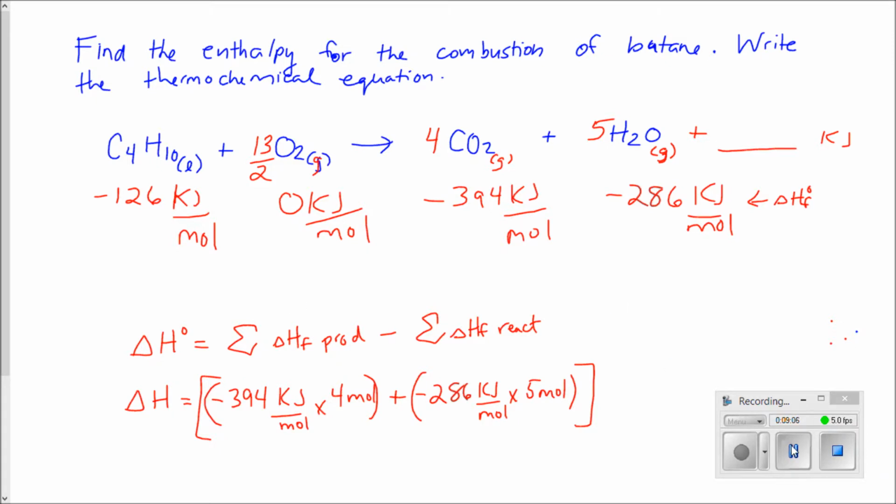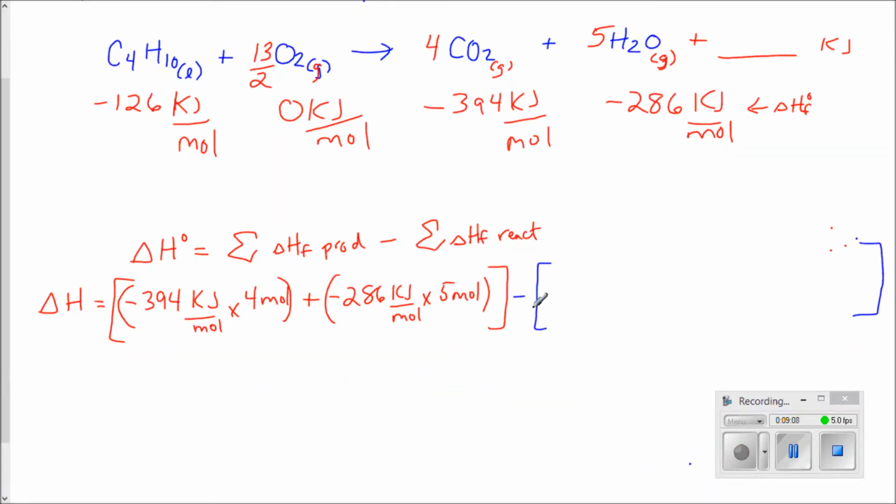So then I'm going to subtract that for all my reactants. So the first bracket there was the heats of formation for my products. Now I do my reactants. So if we look at butane, we have 1 mole of it, and the heat of formation of it is negative 126 kilojoules per mole times 1 mole. And then we're going to add that to the heat of formation of O2.